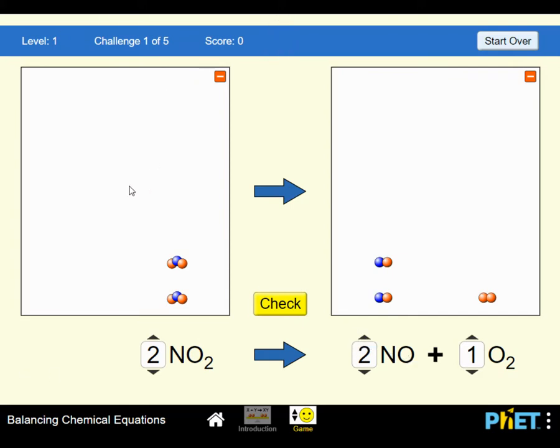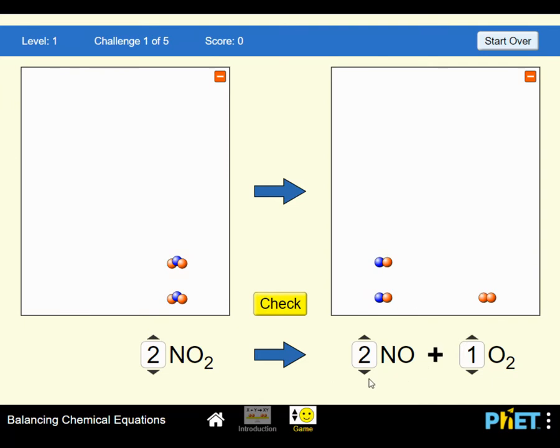So in the reactants, the beginning of the equation, I have a coefficient of 2 times the subscript of 2 on oxygen. So I have 4 atoms of oxygen. I can see that in my picture. 1, 2, 3, 4 red oxygen atoms. And in my products, I have 1, 2, 3, 4 red.